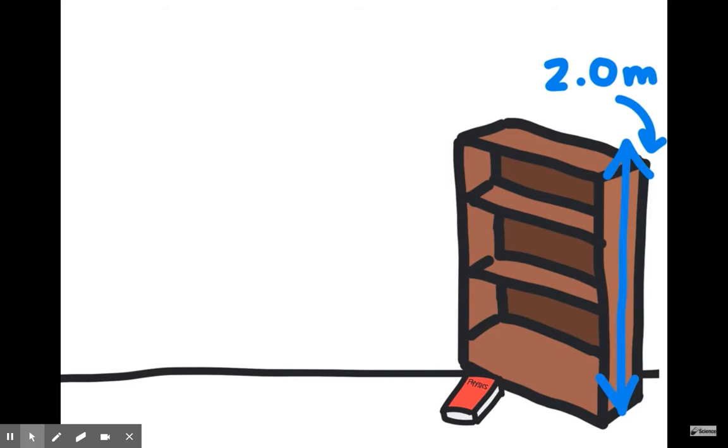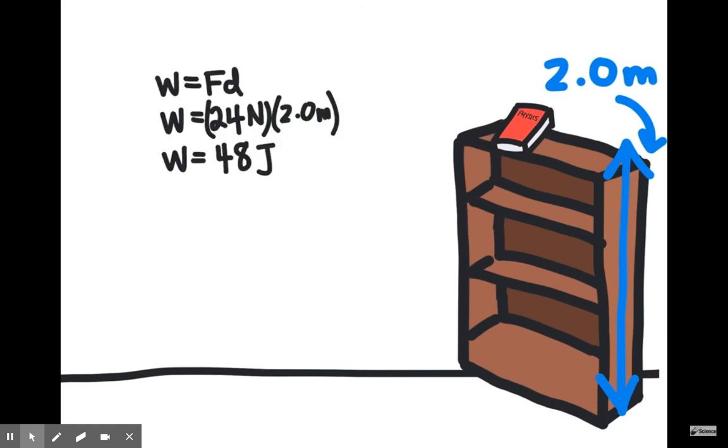Now suppose to do this, it required 24 newtons of force in order to lift the object up there. That means the work required was 48 joules. We were able to calculate that using our work equation here, which is work equals force times distance. And so we take the force, again, if it took 24 newtons to lift this book, and we raised it up by 2 meters, when we multiply those together, we end up with 48 joules of work.